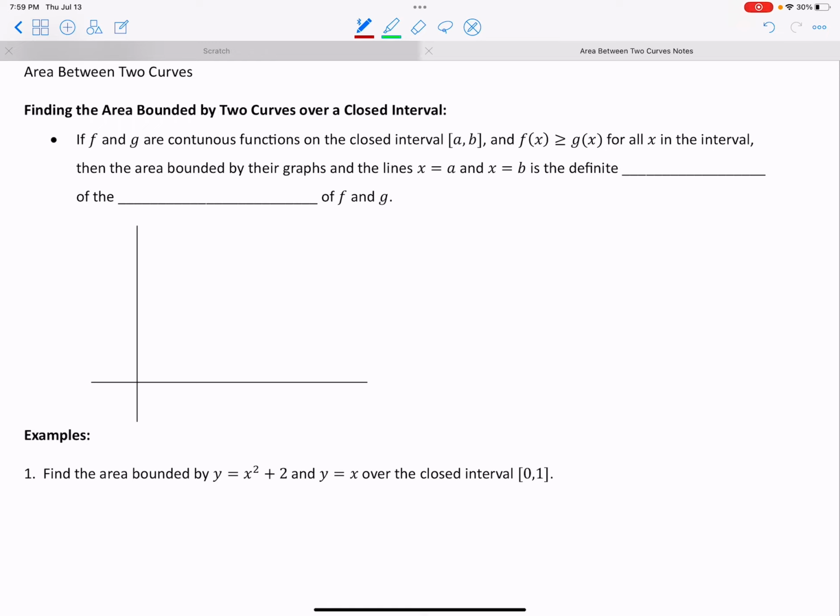Okay, so we're still going to be finding an area that's bounded, which means it should make sense that we're still going to be evaluating a definite integral to find that area.